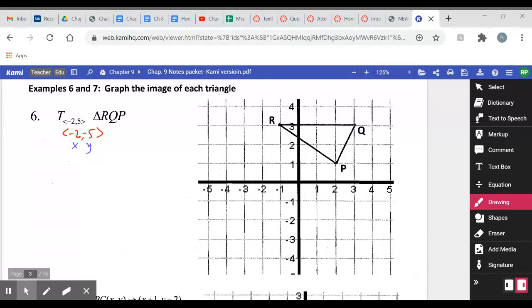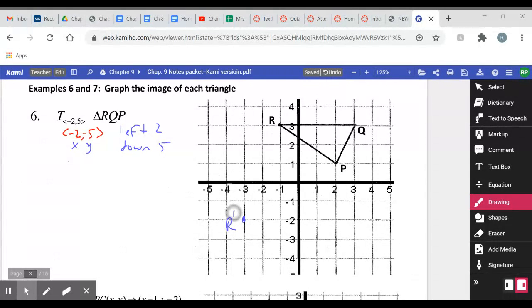So if I take every letter and I go, again, this is telling me to go left 2 and down 5. So I need to do that for each letter and graph my new points, label them with R prime, Q prime, and P prime, and then I can connect the dots to make my new triangle. So R is going to go left 2, down 5. 1, 2, 3, 4, 5 to right here.